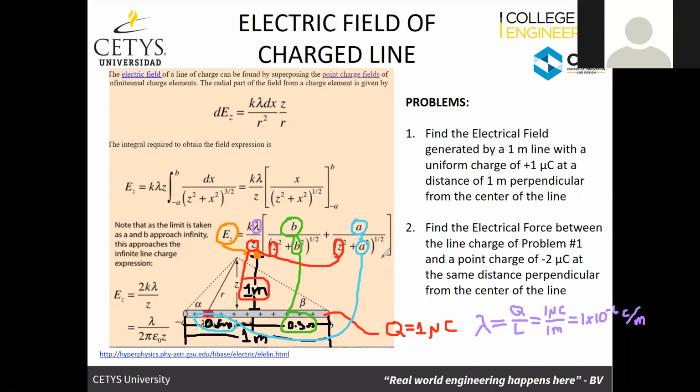Okay, thank you. Can somebody please then do the calculation? We need to substitute these values here and find what the electrical field would be. A few of you do the calculations, and let's see if we get the same values, okay?